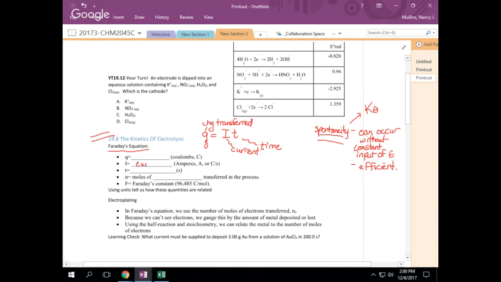So current is in the unit of amperes, typically expressed with a capital A. What an ampere means is how much charge. Coulombs are the unit of charge. So how many coulombs are traveling per second? This is something you would have to measure.